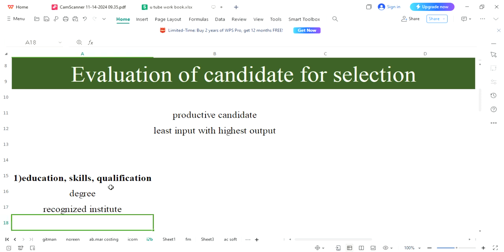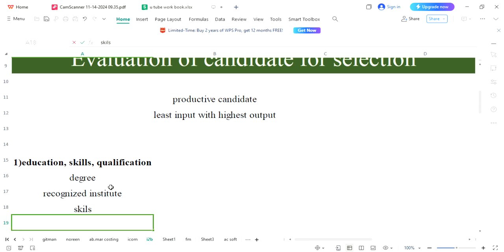Okay, and then we will see how skillful he is. We will see skills. It means if a person has an accounting degree, whether he can make accounting treatments well. Sometimes it happens a person may have a degree but he would not have skills.